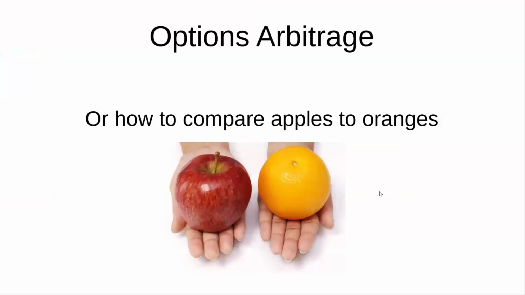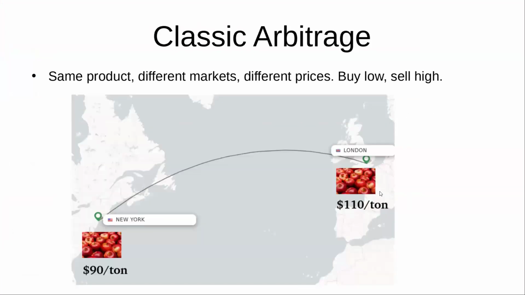So let's start briefly by presenting what classic arbitrage is. Arbitrage with stocks, with commodities or whatever else: you have the same product on two different markets, and I've drawn here New York and London.